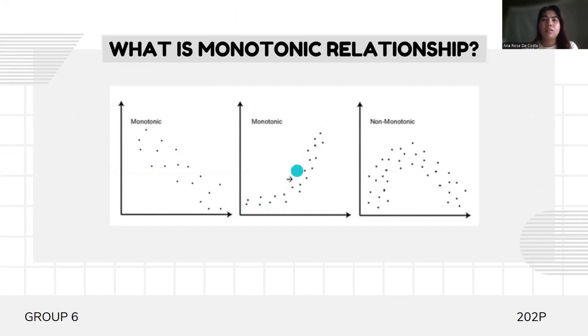Second, monotonically decreasing: when the x variable increases, the y variable never increases. And the third is not monotonic: when the x variable increases and the y variable sometimes increases and sometimes decreases.